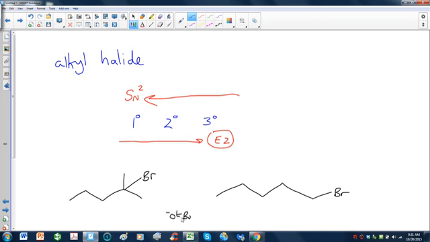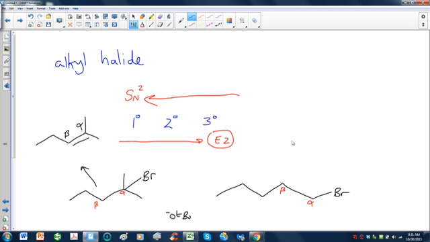If I throw in my strong base here, and I remove a beta hydrogen, or hydrogen on the beta carbon, so I have a beta carbon here, and I'm going to remove the hydrogen from this beta carbon here, then the product I end up with, in this case, my double bond is between my alpha and beta carbons, and it's this, because that's my alpha carbon and that's my beta carbon.